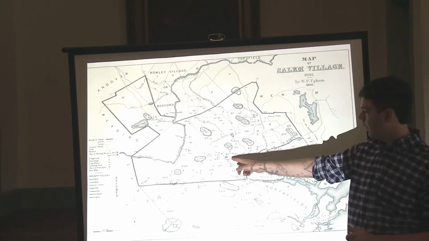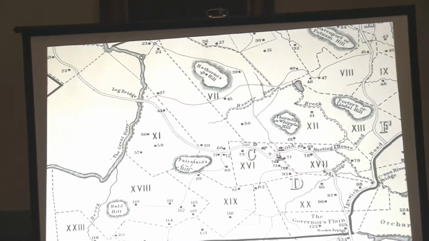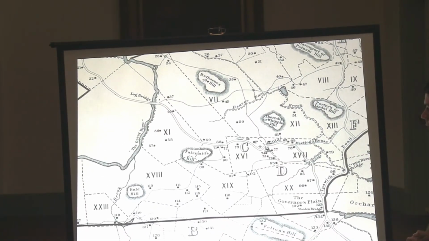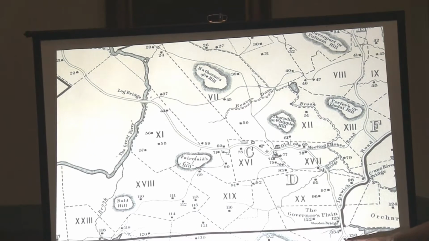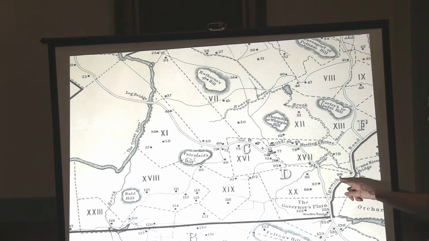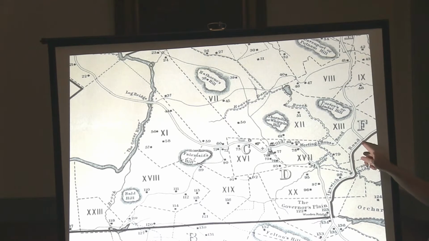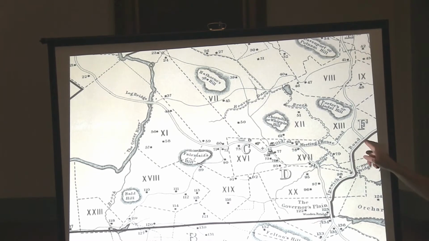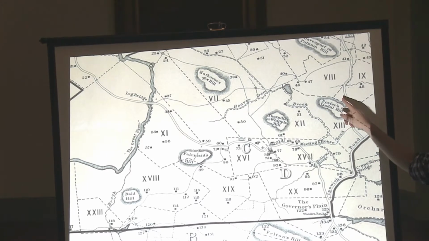I'm going to zoom in on this area here, which is the old part of town. To put it in perspective again, this is Peabody down here today, and this is Sylvan Street. So you have Sylvan Street to Ash Street by the police station, Ash coming up to Elm. This would be Danvers Square. It's only a three-way intersection though, because High Street doesn't exist yet, but this would be Locust.